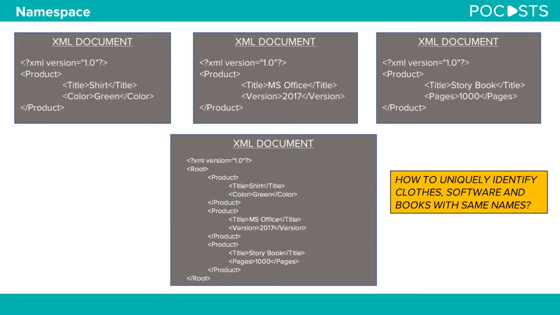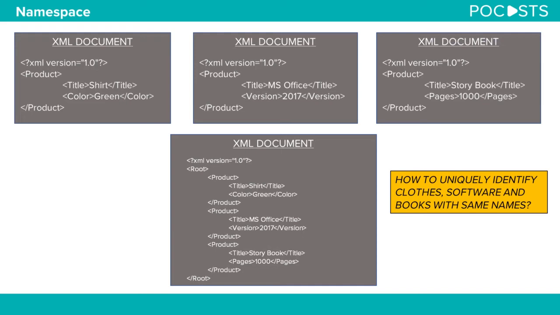Let's say you want to read the property title for the product of clothes, or the title for a product of software, or the title for books. How are you going to address it? Because they all have the same name, same hierarchy and same parent. So that's where the namespace comes in.